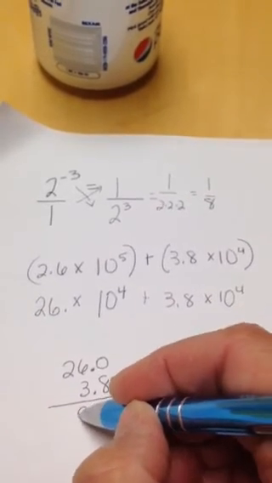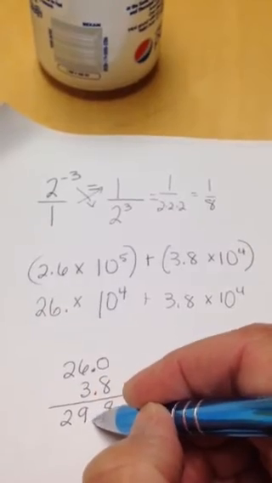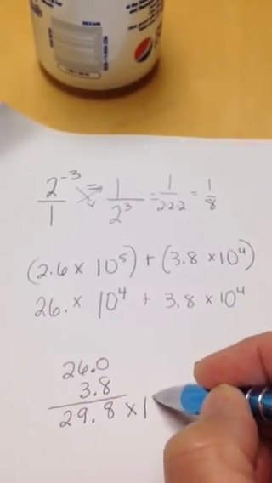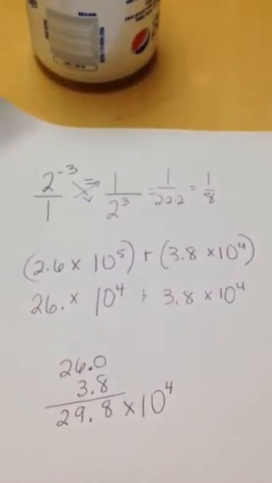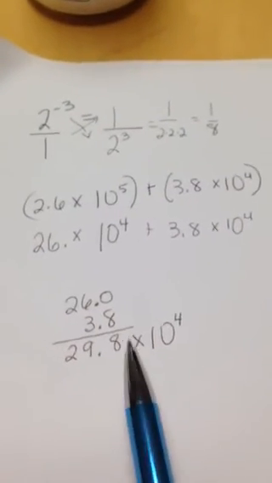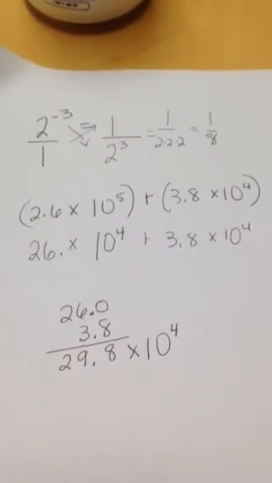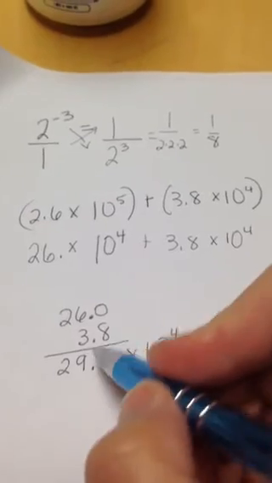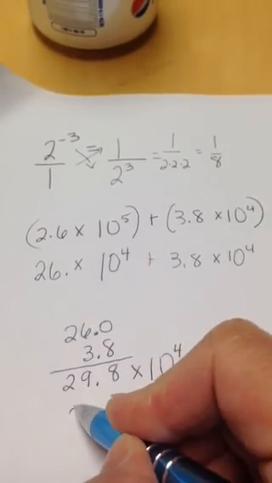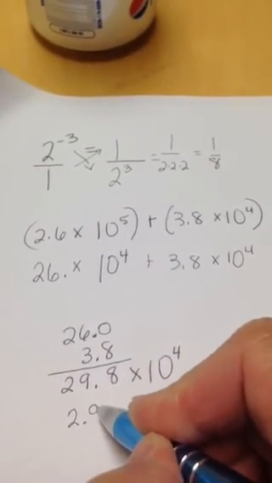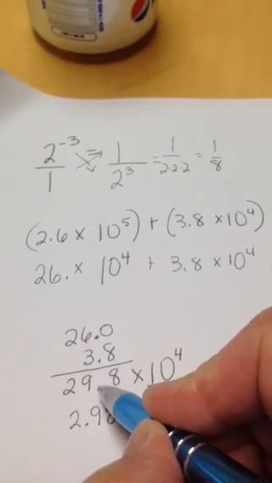You get 29.8 times 10 to the fourth. Small problem. This answer is correct, but it's not written in scientific notation. In order to write it in scientific notation, I have to move the decimal one space to the left.